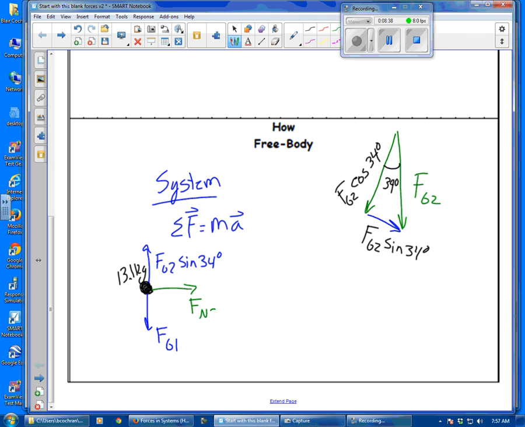Force normal 2 in that direction, and FG2 cosine 34 degrees in that direction, and my acceleration is going to be that way.